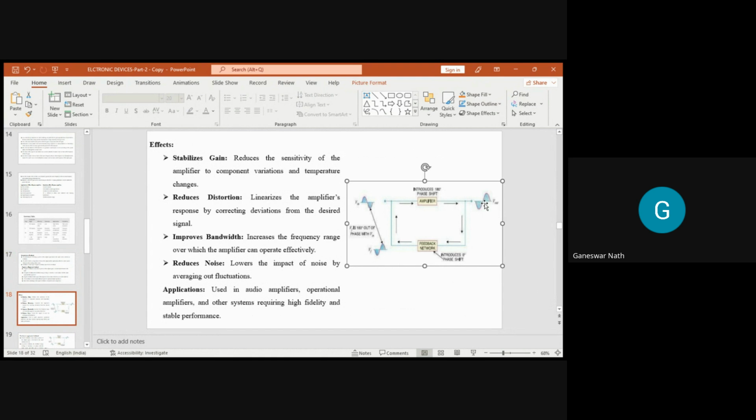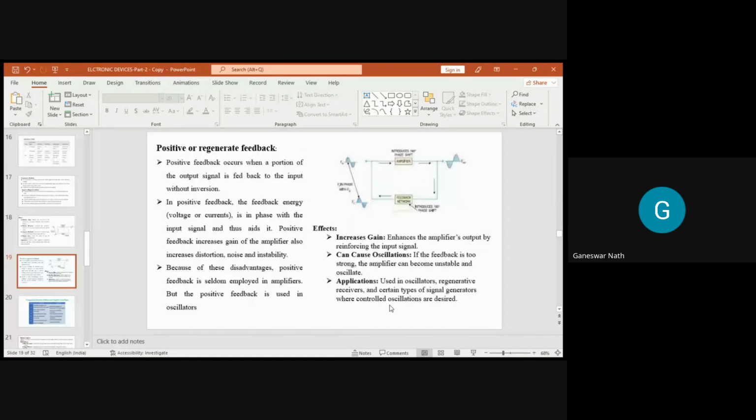So you always get an out of phase output. If this feedback is fed to the input, it simply opposes the input, then we call it negative feedback. So you can see the diagram of a negative feedback circuit. Its application is found in audio amplifiers, operational amplifiers, and other systems requiring high fidelity and stable performance.